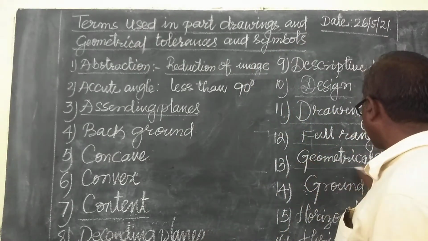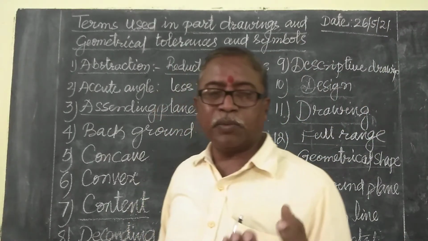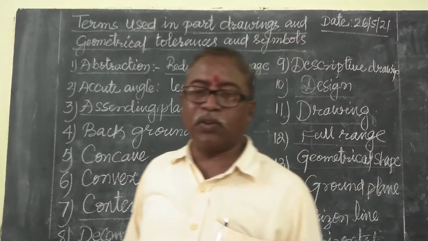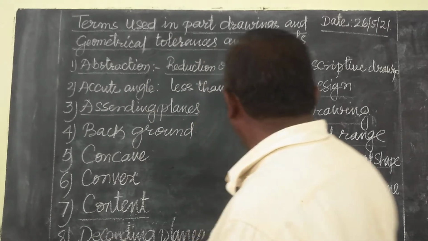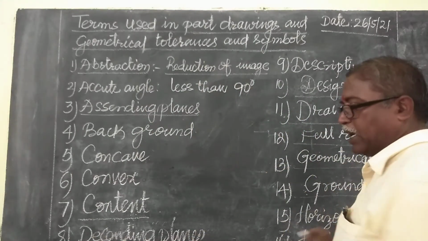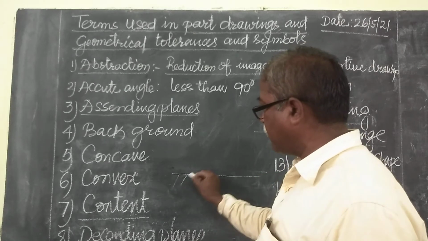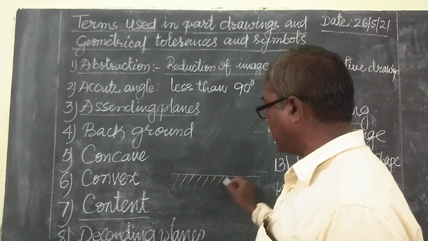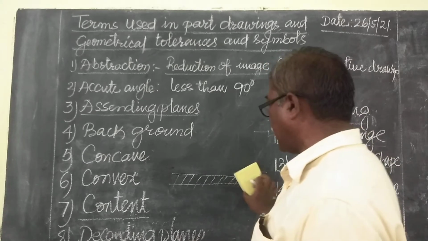Then geometrical shapes you know very well, geometrical drawings also you know very well, so you have drawn everything. Then ground plane means the floor we can see like this, whenever it is at a 45 degree angle, the lines are drawn like this, this is a ground plane.